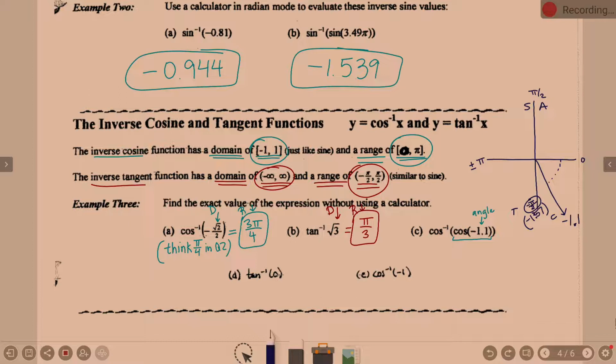So we know that cosine down here is positive. Well, now we're doing cosine inverse of this. We're not going to exactly know what cosine of negative 1.1 is, but we want to look at cosine inverse, where are my possible answers? They are in quadrant 1 or 2. Where are my positive answers for cosine inverse?